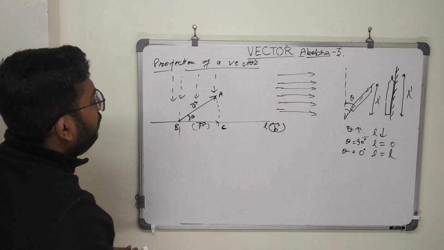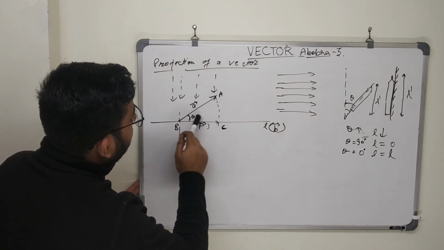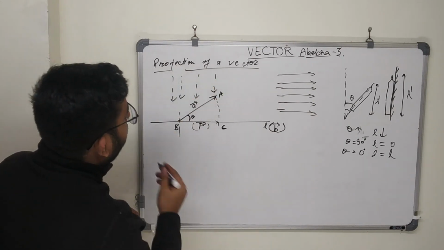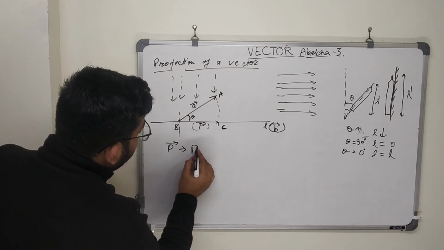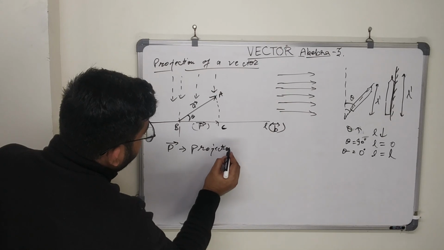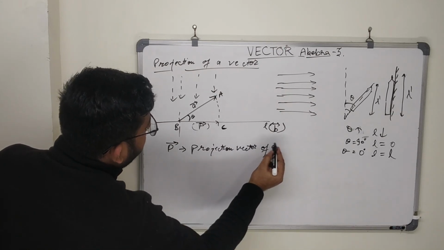So with the help of scalar product we can find the magnitude of P vector, that is called as projection of a vector. यहाँ पर देखेंगे P vector जो है वो है projection vector of A vector.